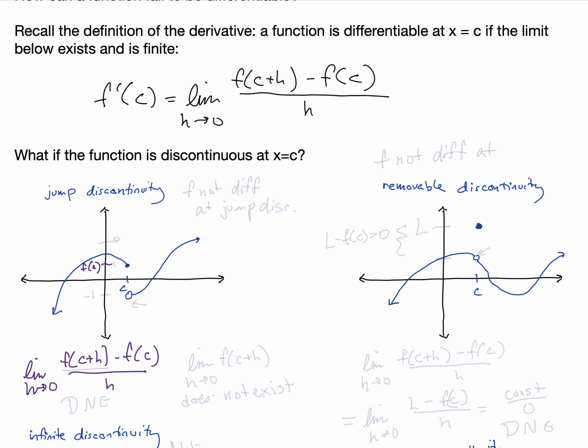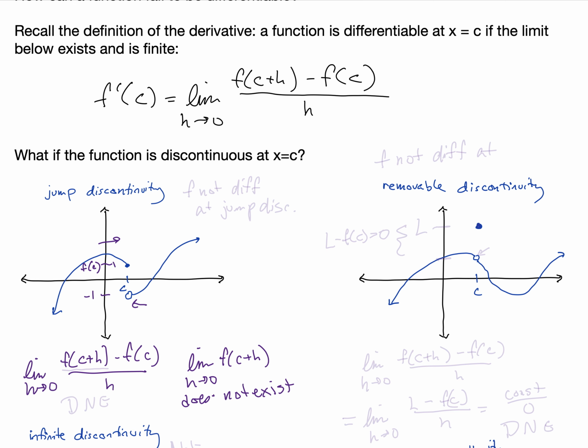But the limit in this case as h goes to 0 of f of c plus h does not exist. If we look at the limit here, from one side the limit is f of c, but from the other side, for positive values of h, the limit is going to be something else, like say it's -1 or whatever, and +1 up here.